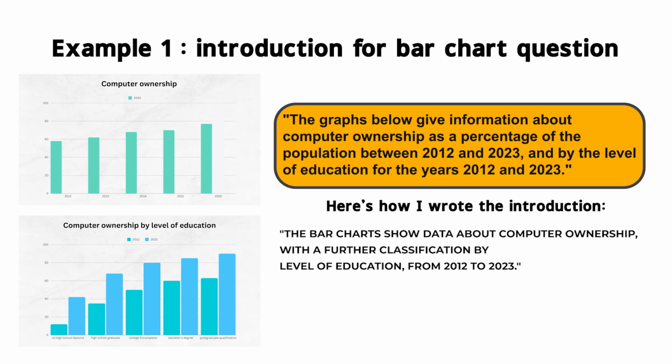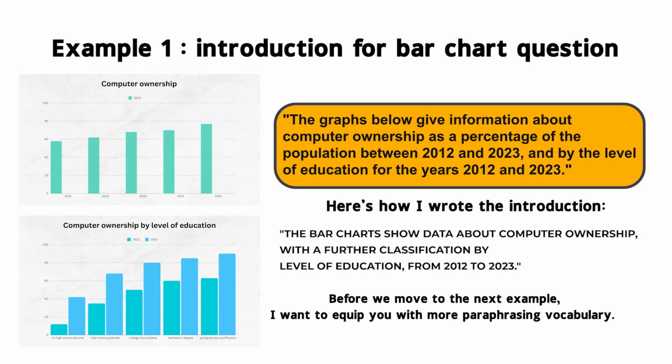To mention the second piece of information, level of education, I wrote, with a further classification by level of education. Finally, when indicating the time period, instead of the original expressions between 2012 and 2023, I simply wrote from 2012 to 2023. Paraphrasing is very important for a good introduction.